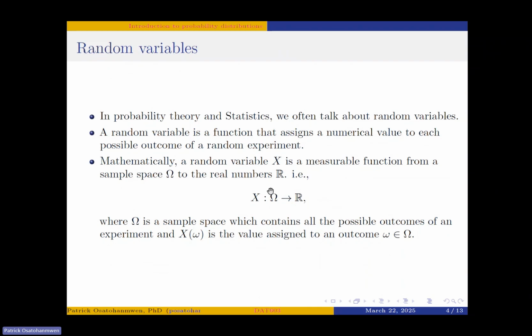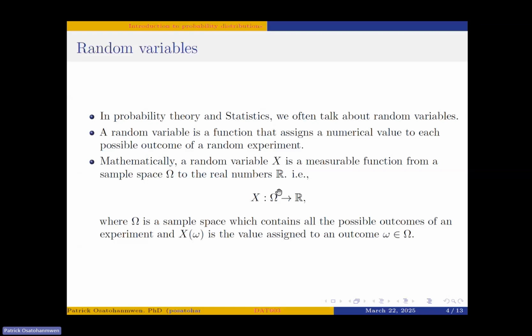If it is a tail, the value assigned is 0. If it is a head, the value assigned is 1. So you discover that 0 and 1, which are the outputs the function produces, are actually real numbers.